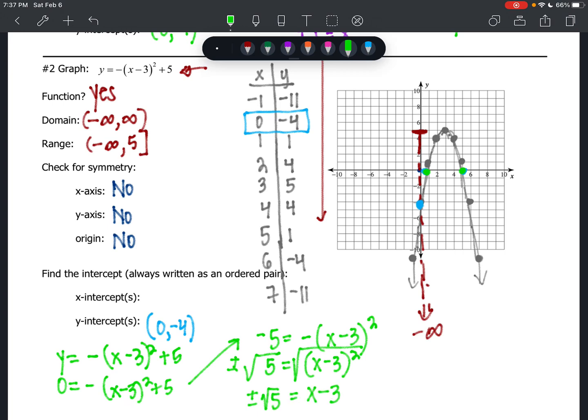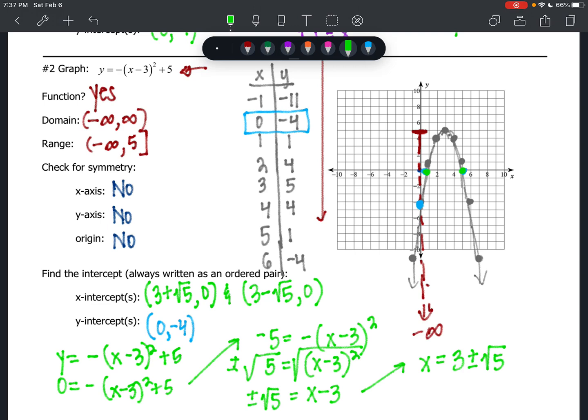We're going to add 3 to both sides, which gives us x equals 3 plus or minus the square root of 5. So our x-intercept is 3 plus the square root of 5, comma 0. And the other one is 3 minus the square root of 5, comma 0. Now the square root of 5 is about 2.2-ish.